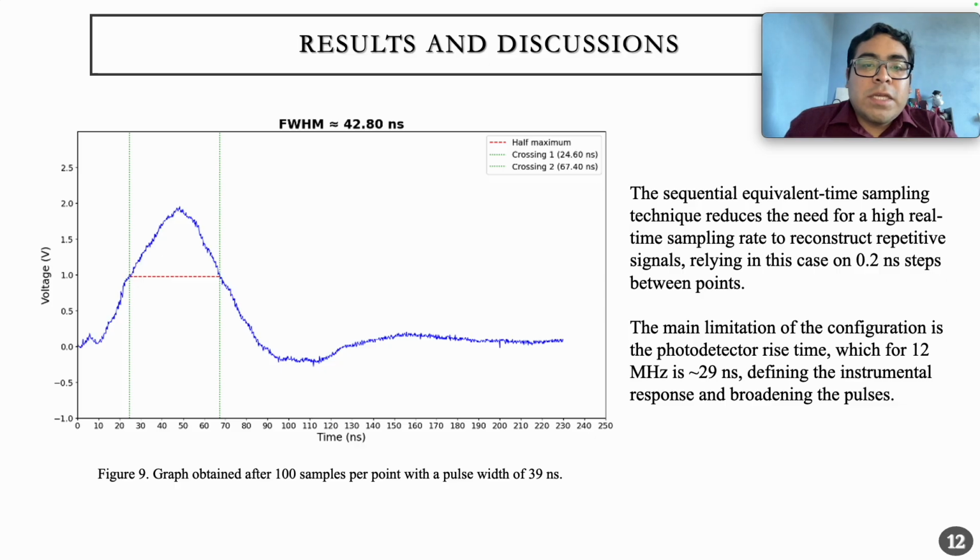This technique reduces the need for a high real-time sampling rate to reconstruct repetitive signals, relying in this case on 0.2 nanosecond steps between points. The main limitation of this configuration is the photodetector rise time, which for 12 MHz is about 29 nanoseconds, defining the instrumental response and broadening the pulse.